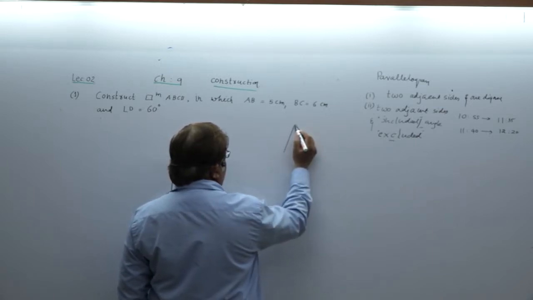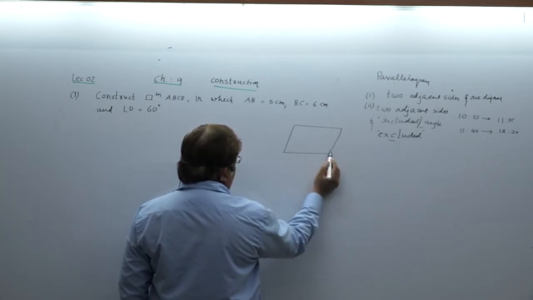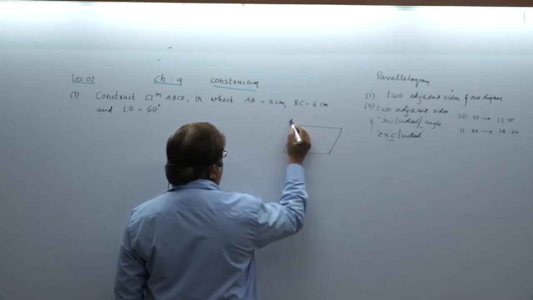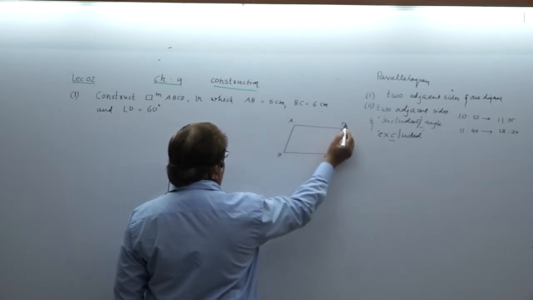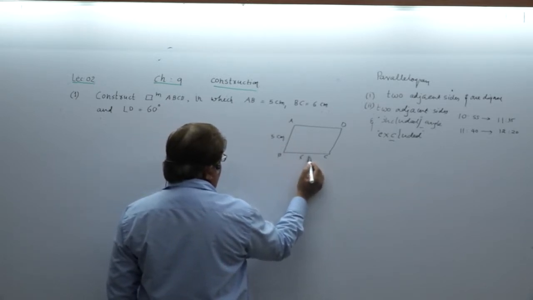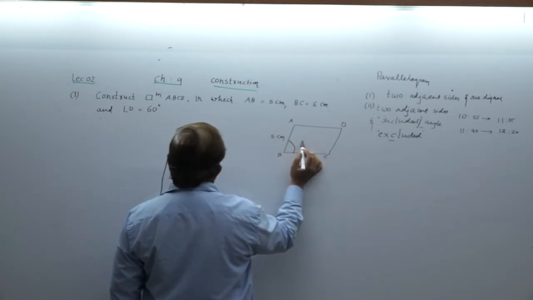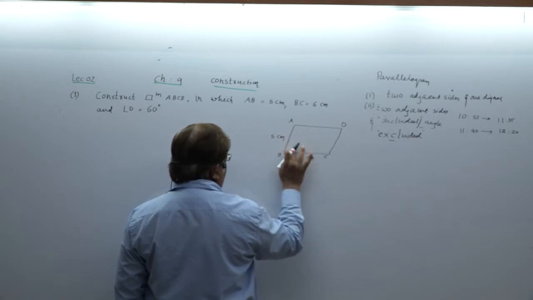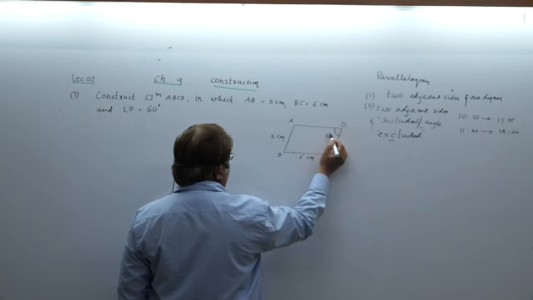Rough sketch is actually a miniature of the real construction which will give you an idea of how we are going to construct ABCD. AB has been given 5 centimeter, BC has been given 6 centimeter, angle D is not given, but angle D has been given 60 degree.